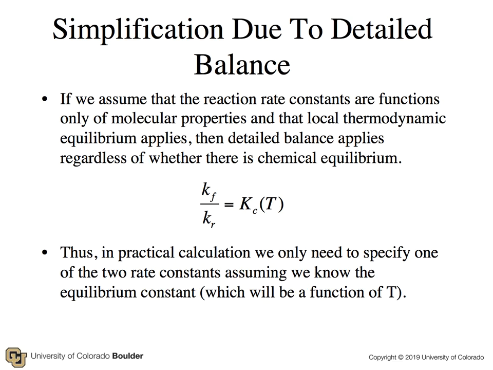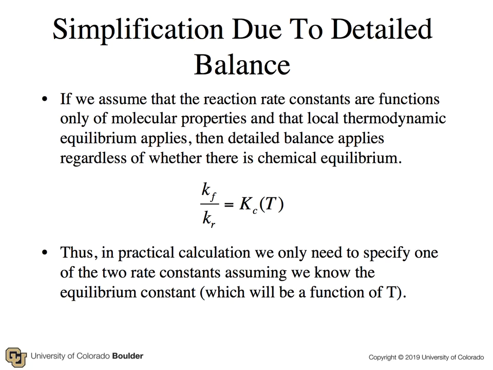Now there is a simplification in terms of calculating reaction rate constants that comes about because of detailed balance. We talked about detailed balance earlier when we talked about chemical equilibrium and the chemical equilibrium constant. It does turn out that if local thermodynamic equilibrium applies, then detailed balance applies regardless of whether there's chemical equilibrium.